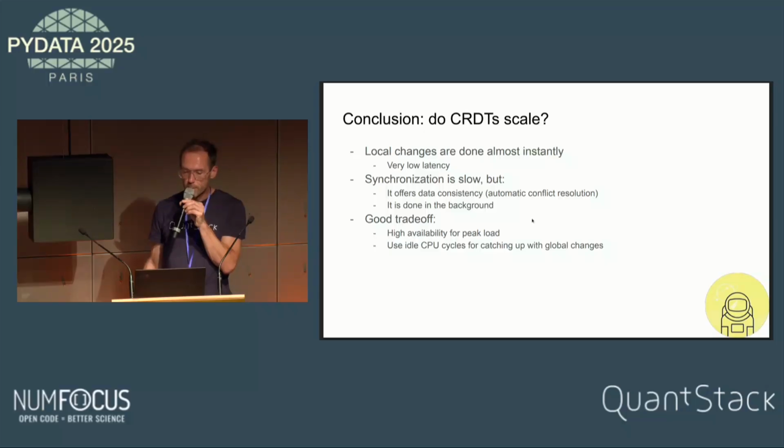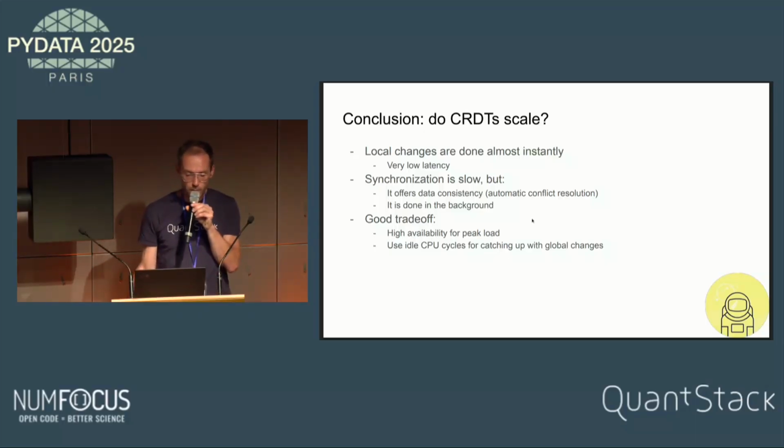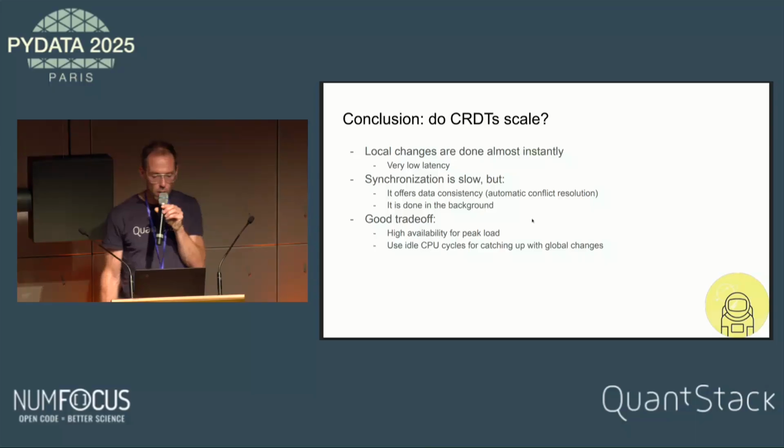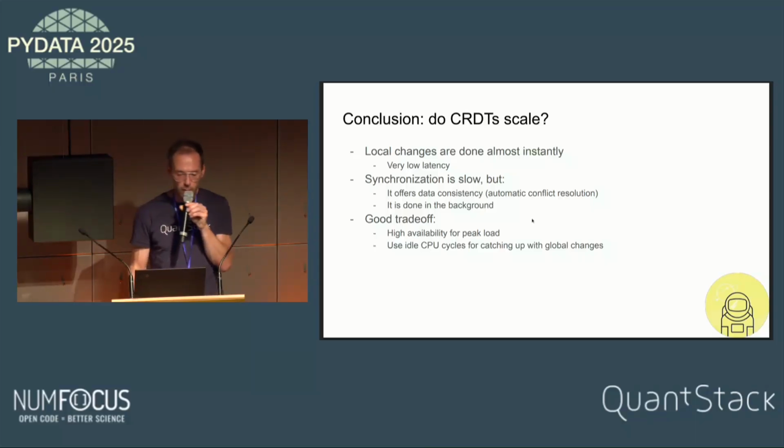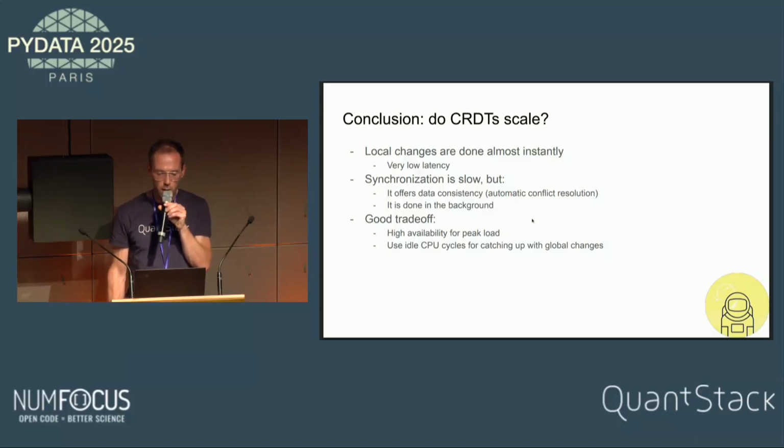So this is a good trade-off, I think. CRDTs can be a very good solution for peak load because you have high availability and almost no latency, and you can use idle CPU cycles for catching up with global changes.